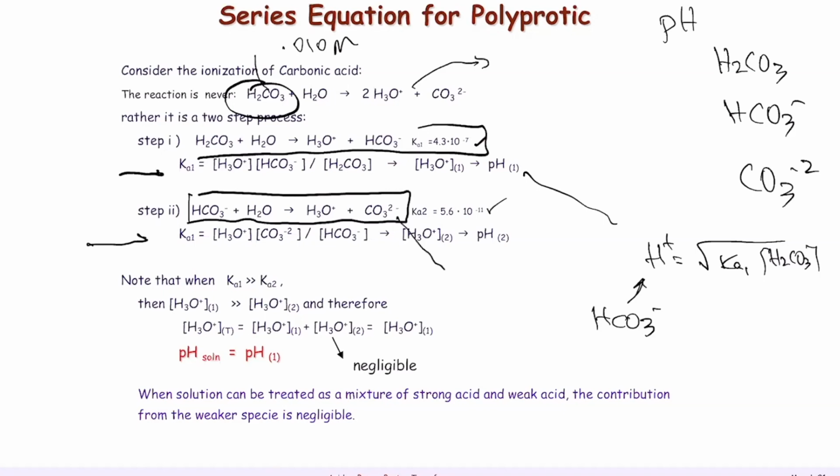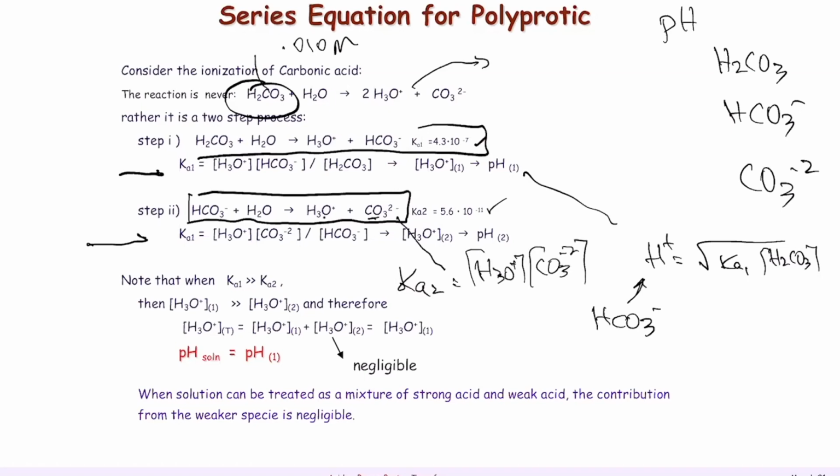Let's take a look at that. I'm going to expand this a little bit because I want to reveal to you something that is really a shortcut revelation. Okay, if I do the mass action expression for that, then Ka2 is equal to hydronium ion concentration times carbonate ion concentration.